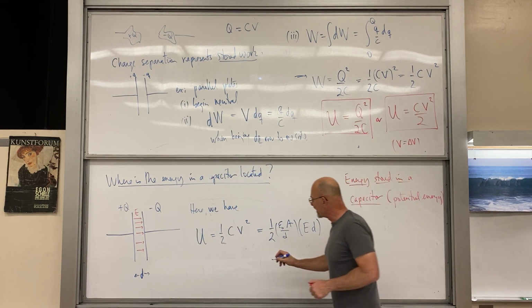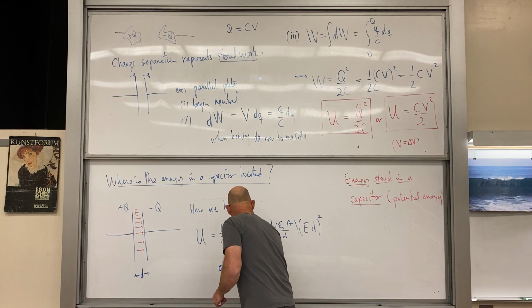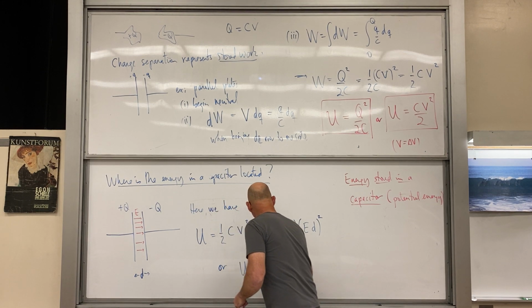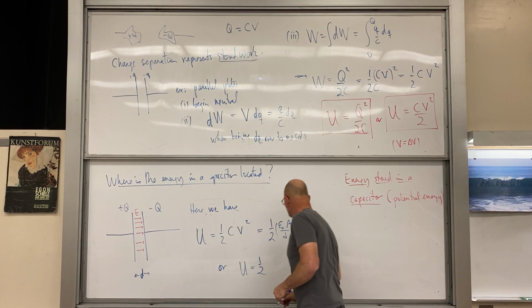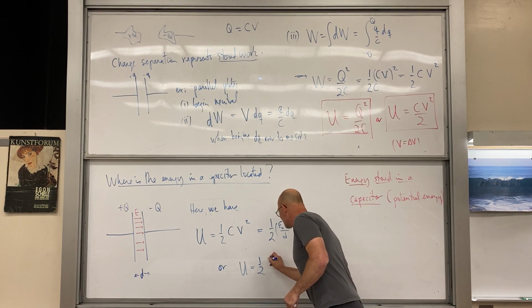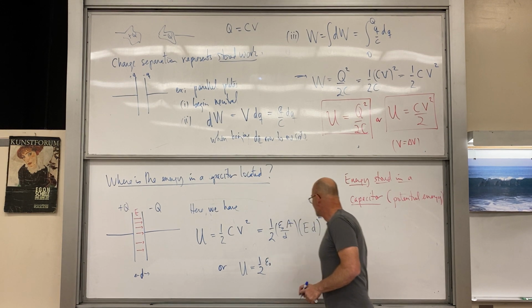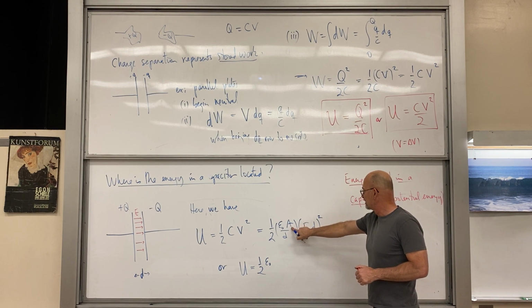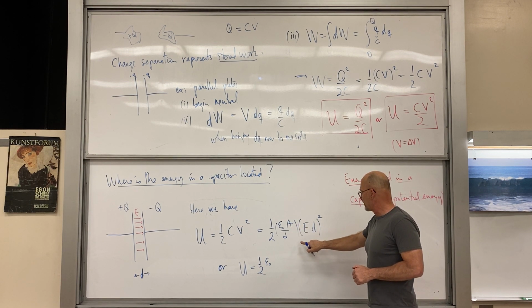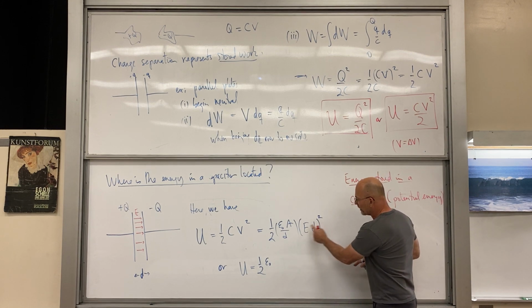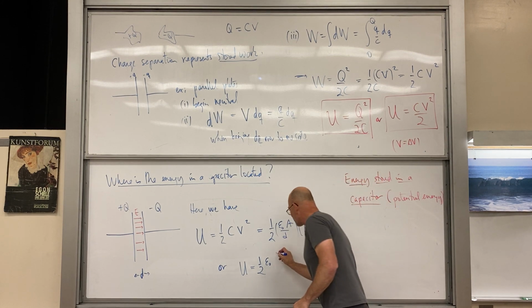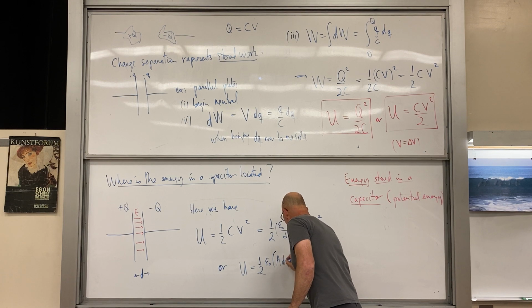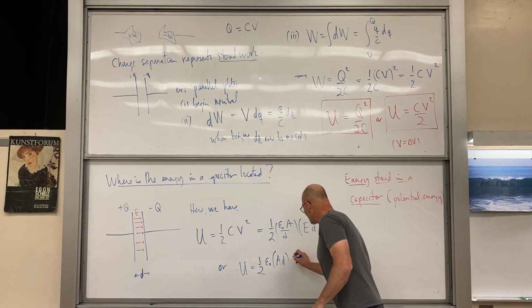And we're just going to simplify this, so U is equal to 1/2 epsilon naught, and then we have A times 1 power of D, because D squared over D has 1 power of D. So we'll put that in parentheses, A times D, and then we have E squared.